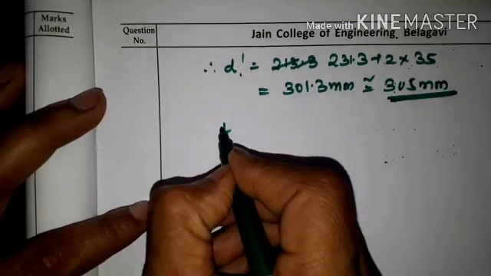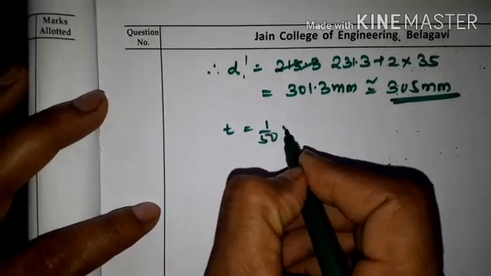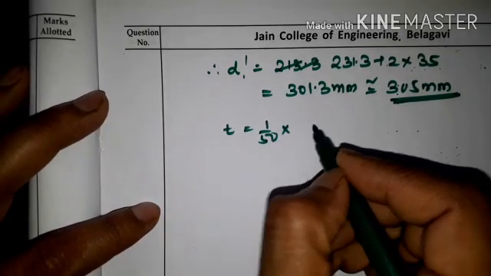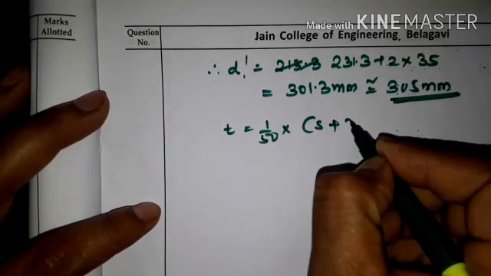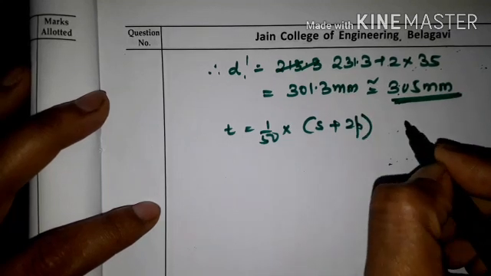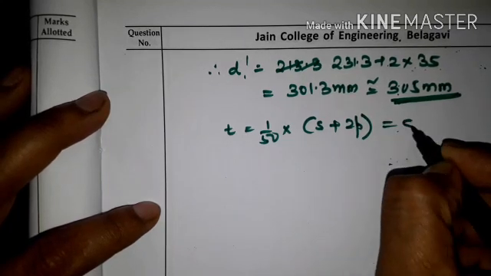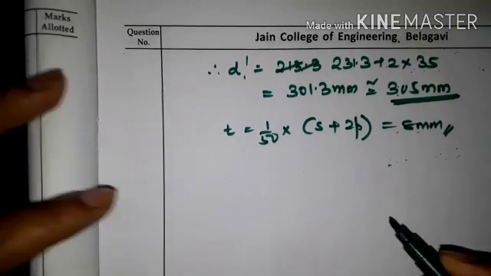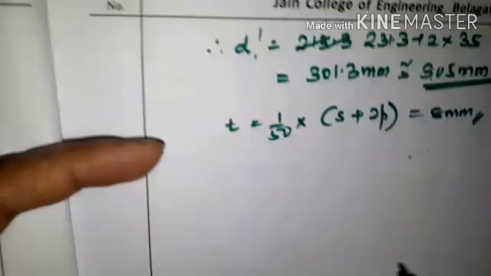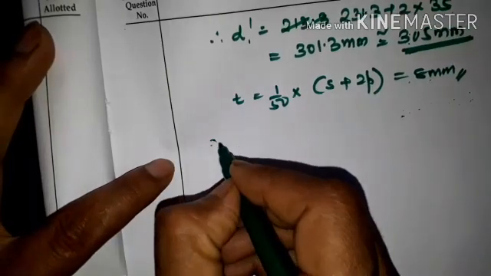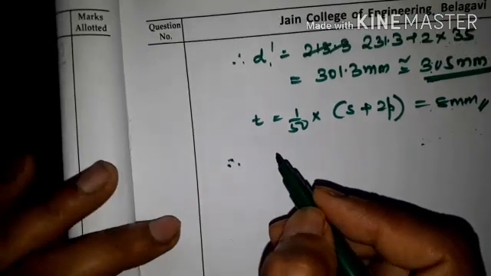Then thickness is again 1/50th of S plus 2p. So we'll get this as 8 mm only, as we have calculated in the end batten plate. Okay, so therefore, and the length will remain same.